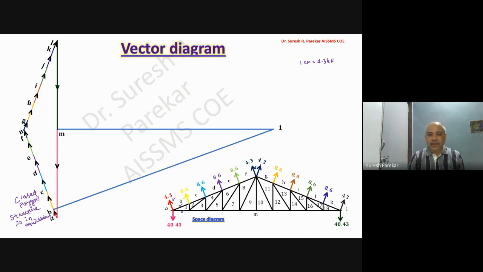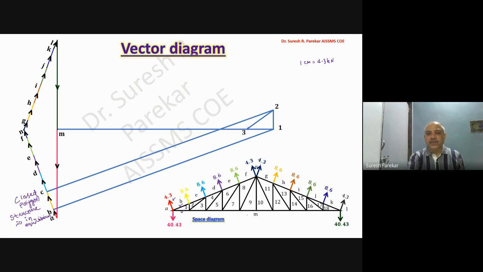Then 2 is common for 1 2. Now 1 we know, so 1 2 is vertical and C2 is inclined. So we will have 1 2 vertical and then C2 parallel to it. Then we have 3 4 vertical and D4 parallel to it. Sorry, first we will go for 2 3. Now we have 2 3 and M3, so we will plot 2 3, and M3 we will get at M only.